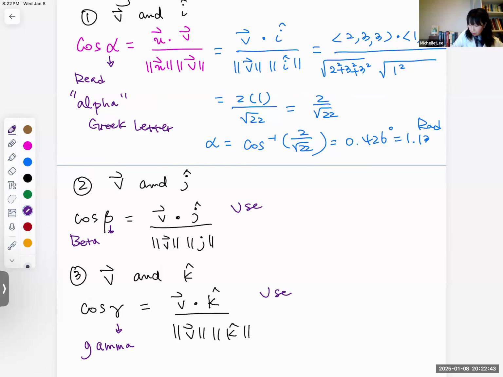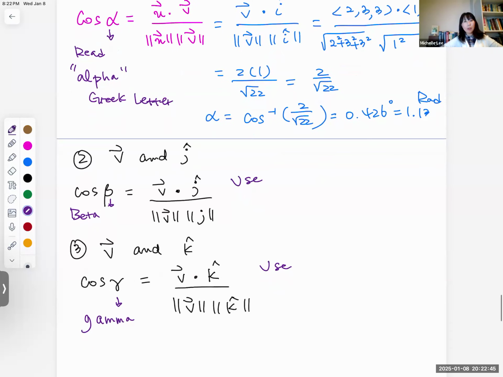So it's not that hard, right? Just apply the formula, and then use inverse cosine to find degrees or radians.